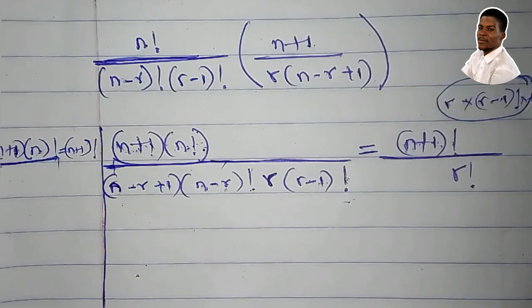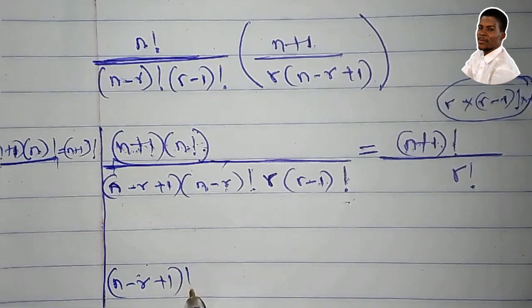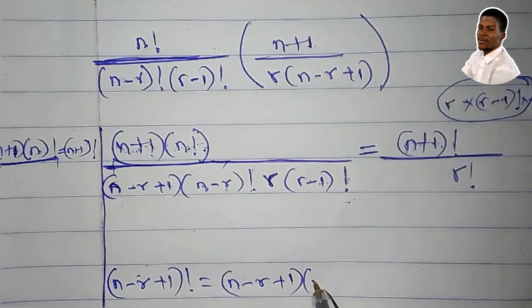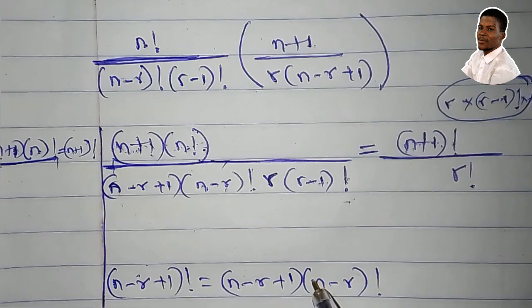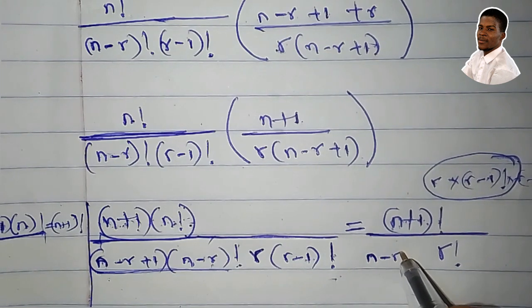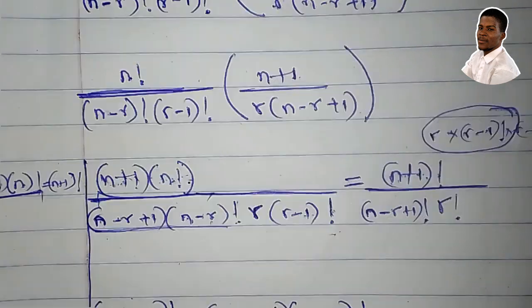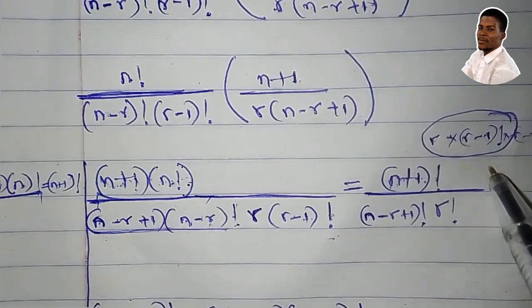We can actually write n minus r plus 1 factorial as n minus r plus 1 times n minus r factorial. Okay, remember, to get this n minus r, subtract 1 from this. So we can write n minus r plus 1 factorial.